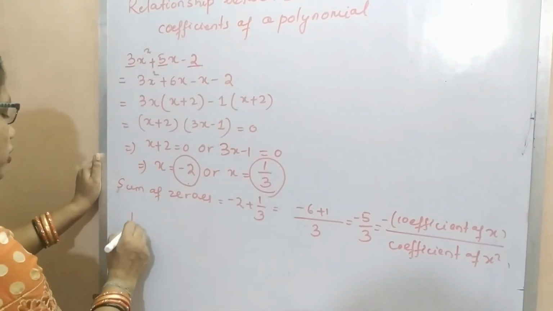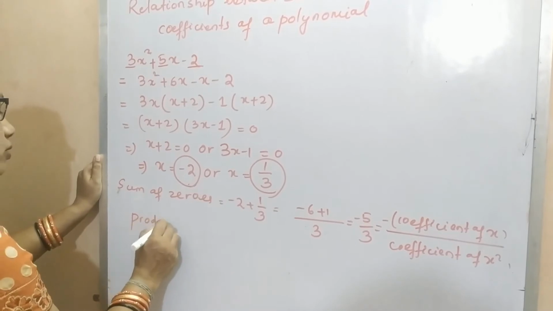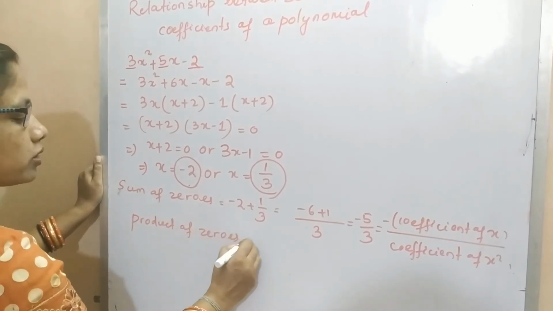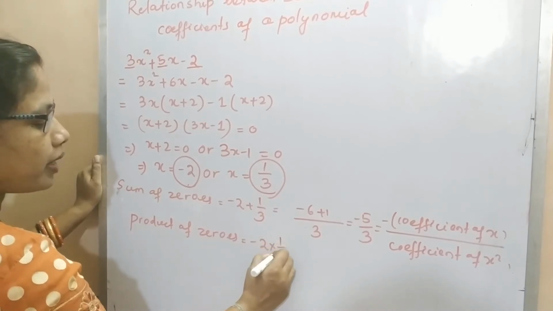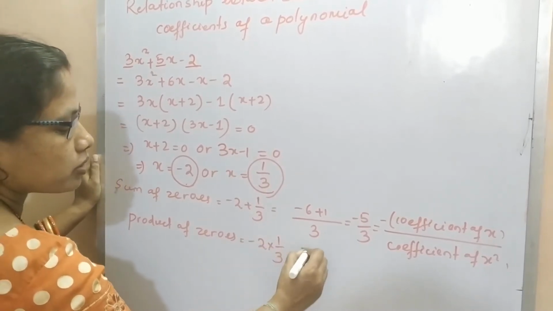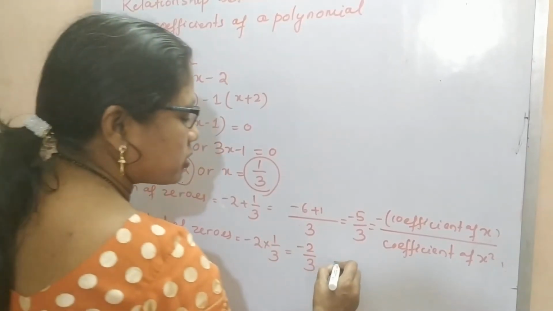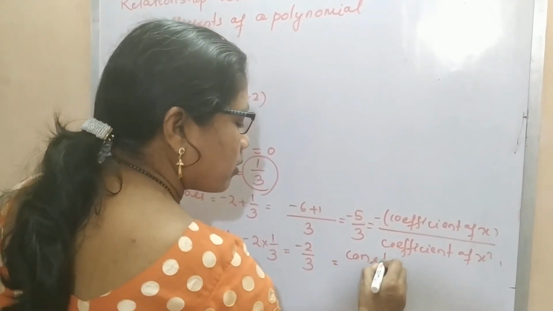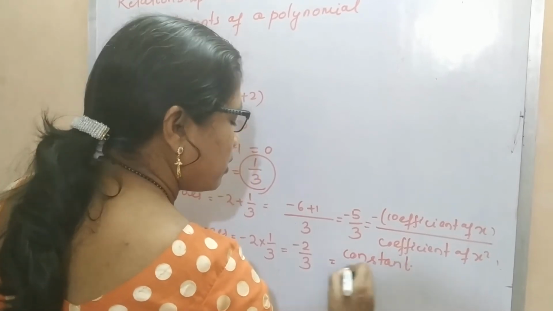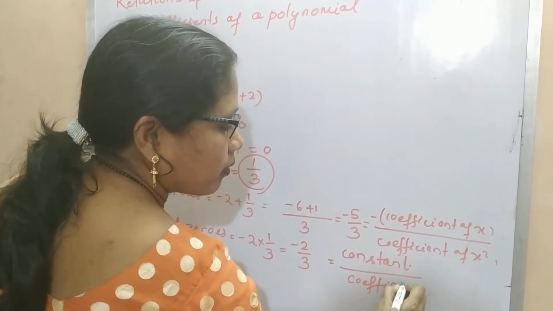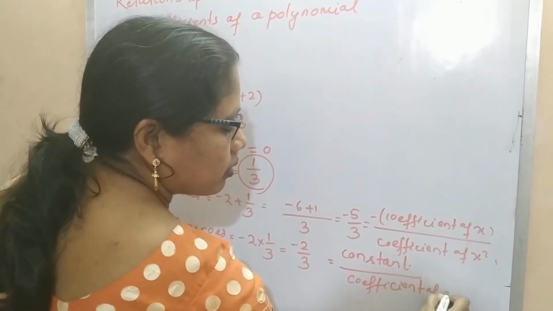So the product of zeros is equal to minus 2 multiplied with 1 by 3. So this is equal to minus 2 by 3. So here minus 2 is the constant term, constant divided by coefficient of x square.